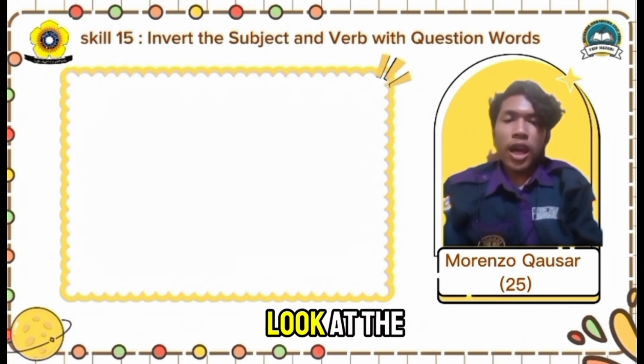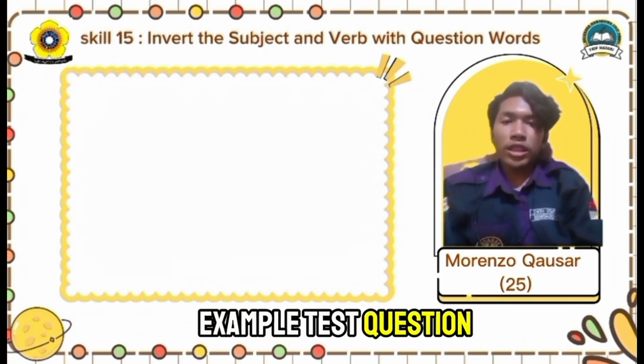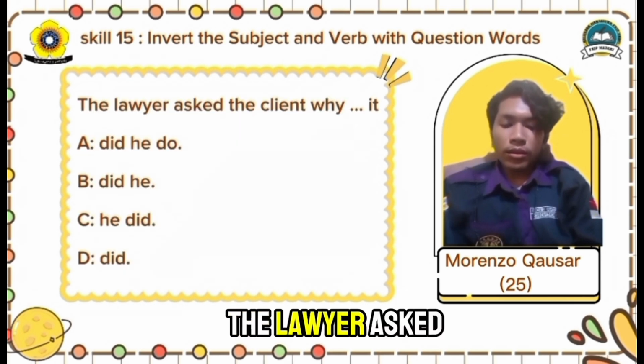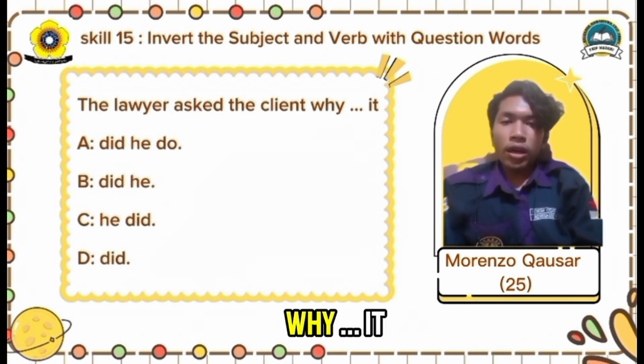Let's take a look at an example test question. Number 1. The lawyer asked the client why ... it. Choice A, did he do? Choice B, did he?